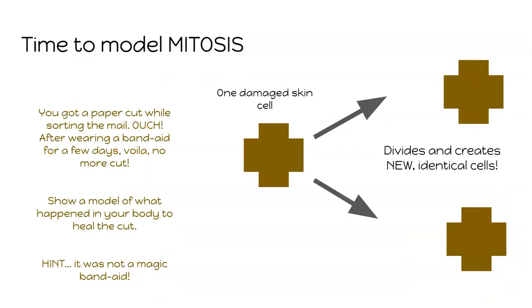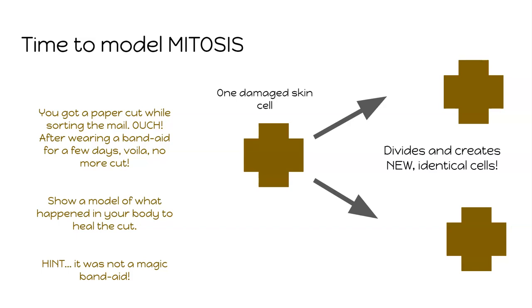So when we are modeling mitosis, we can see one cell is dividing and creating new identical cells. So let's say you got a paper cut while you were sorting the mail. So you stick a Band-Aid on, and when you take that off a few days later, voila, no more cut. So we have a model here of what happened in your body to heal that cut.